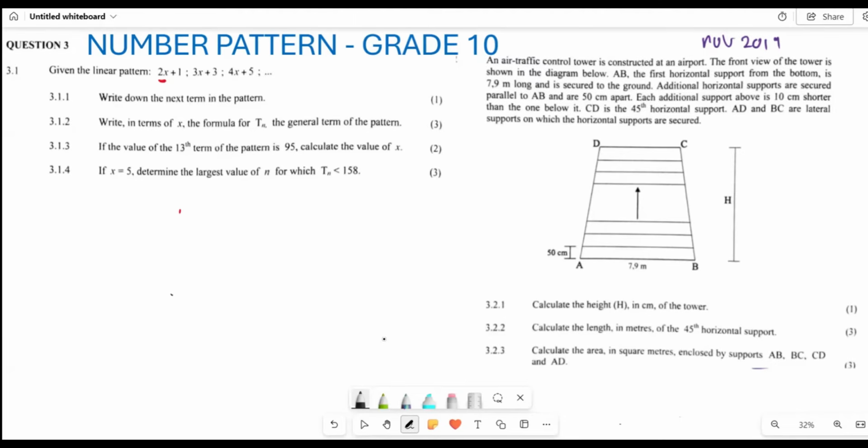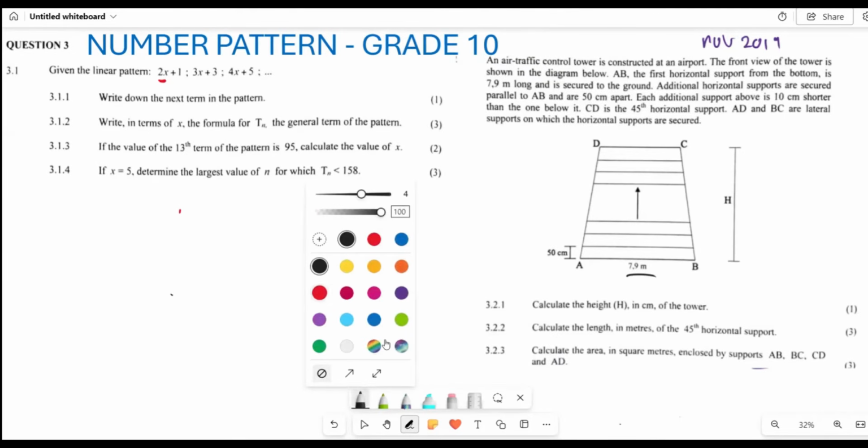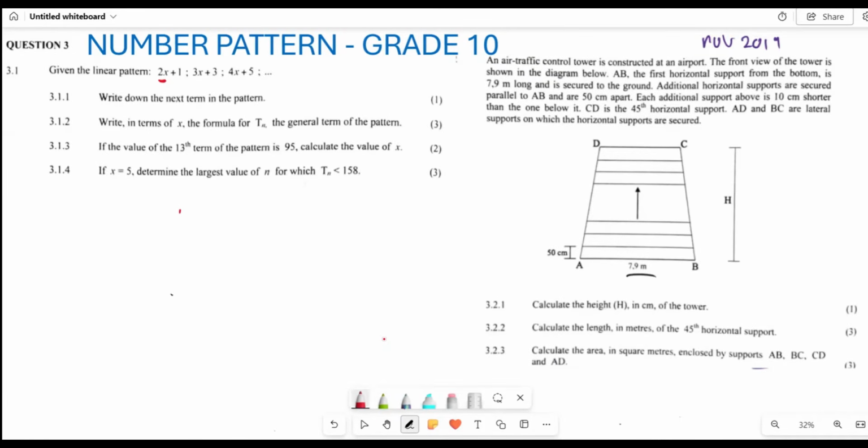Now, they are saying AB, the first horizontal support from the bottom, is 7.5 meters, right? So here they are referring to this one, which is 7.5 meters, and it is secured to the ground.